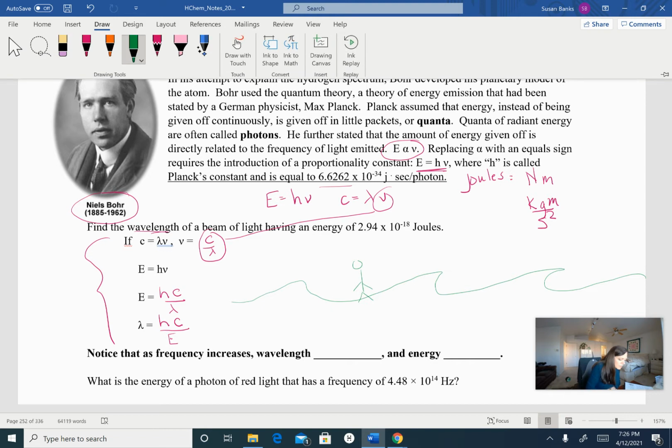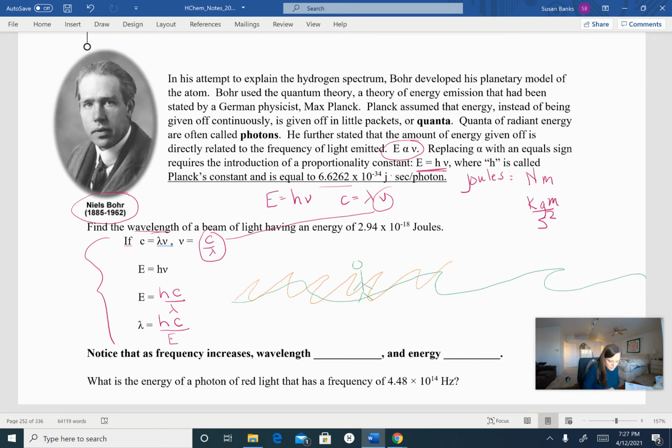But if you are in a rough ocean where you have a bunch of waves coming at you really, really fast, where the frequency is really, really high, those waves have a lot more energy than the green waves. So notice that as frequency increases, our wavelength went really far down compared to our green waves. Our wavelength decreases and the energy increases.